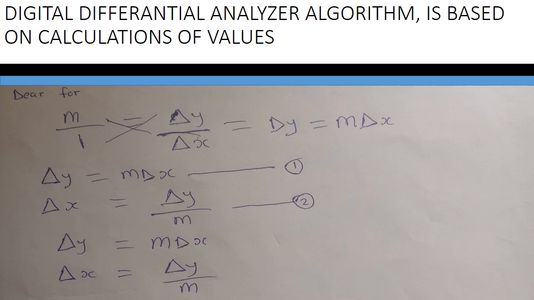Then we input our m, since 1 does not have any value. That is how we come up with equation 2. Then dy = m dx, as we said earlier in the first equation, while x is represented as dy divided by m. So this is the equation.